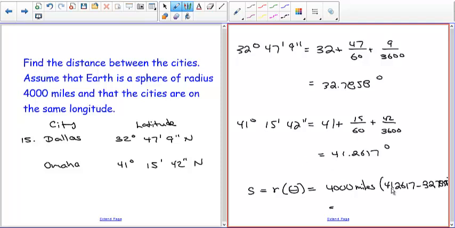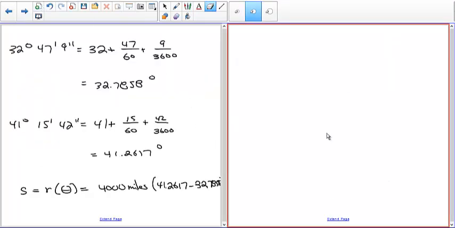Oh, and we got to convert it to radians. I forgot to do that. So that's one more thing I've got to add on here. So I've got to multiply by pi and divide by 180.